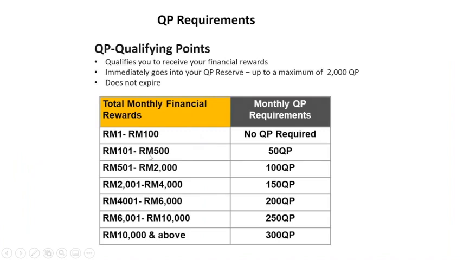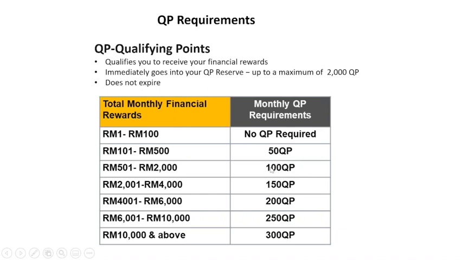Then based on this table, let's say I have 100 QP here. My financial rewards would pay me up to 2,000 ringgit, which means that if, based on my rewards calculation, I was supposed to earn, for example, 5,000 ringgit because my group is growing, this month my group could earn 5,000 ringgit, but I only have 100 QP.